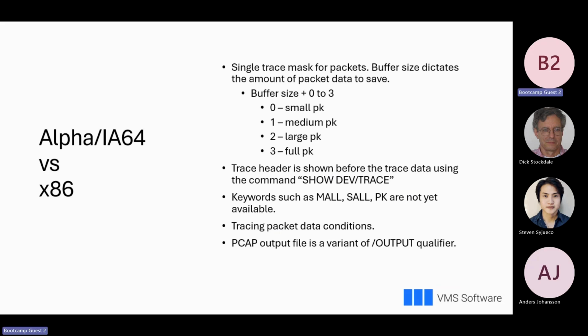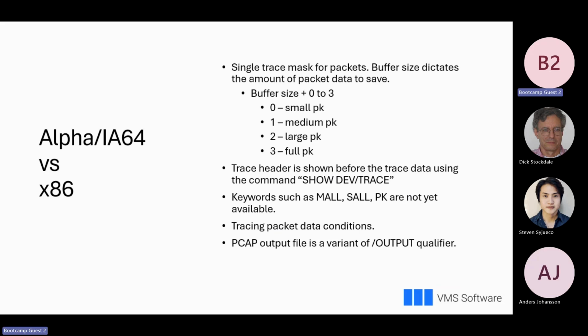Then for the command, we have a limitation for Alpha and IA64. We can't see the traceable events using show dev trace header. So the /header is not available in Alpha and IA64, but it is included using this command.